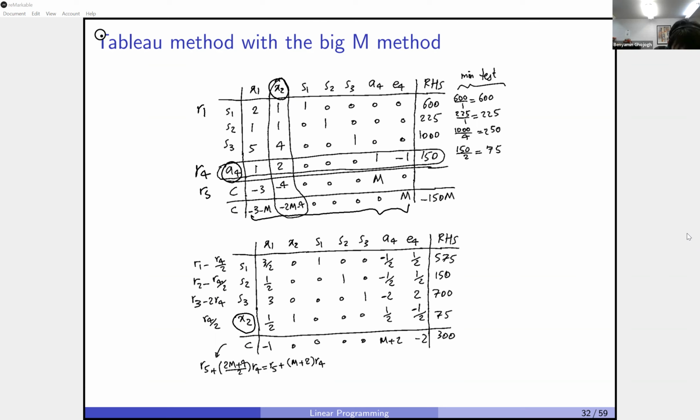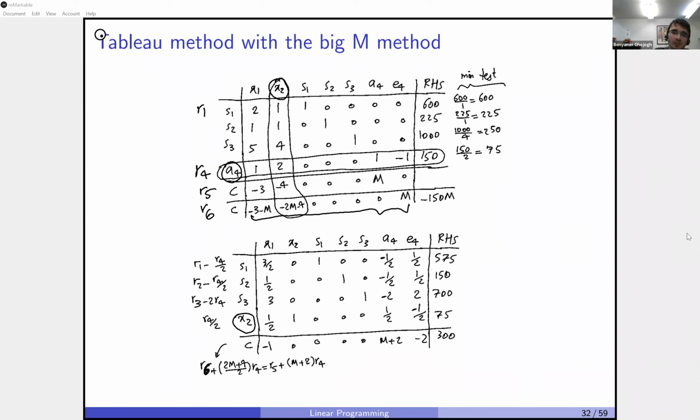Also for this, let's talk about this. So this is R4, R5, R6. I don't care about R5 anymore, because I replaced this row with this in the previous slide. Now, I have R6 and R4. So what should we do? We have, for example, minus 3 minus M. Here, minus 2M minus 4 should become 0.